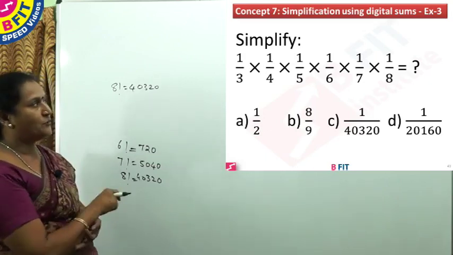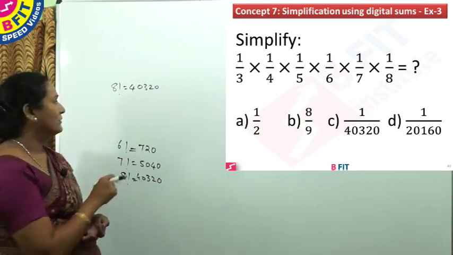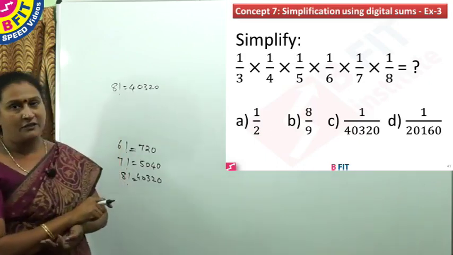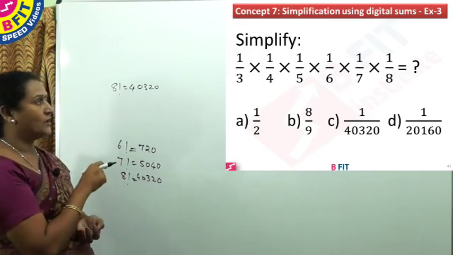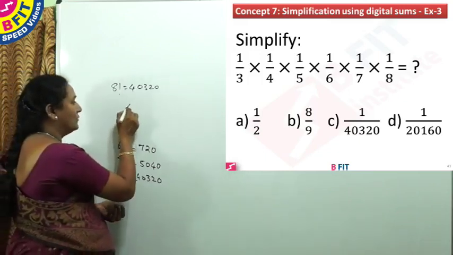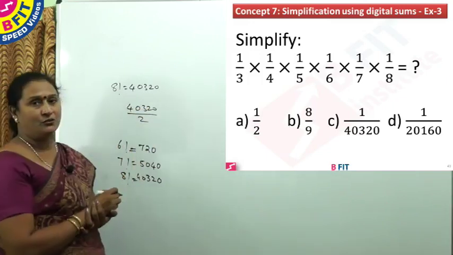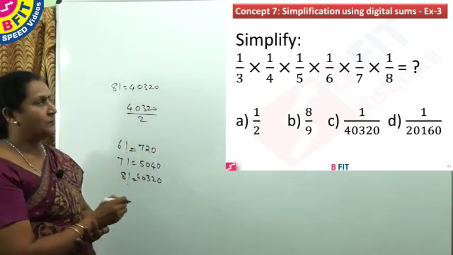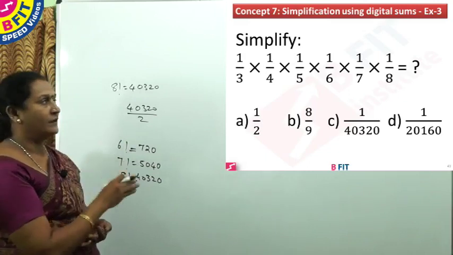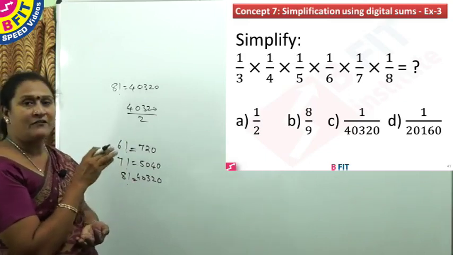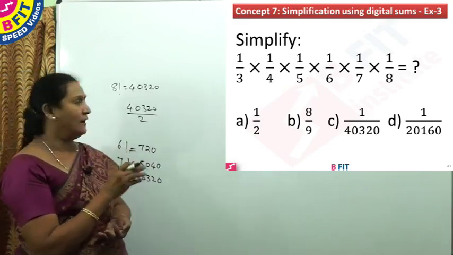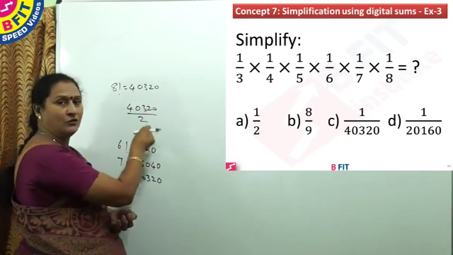We are having the products from 3 to 8. As 2 is not there, we will divide this value by 2. Then we get the product of the numbers from 3 to 8. 3 into 4 into 5 into 6 into 7 into 8 is 40320 by 2.